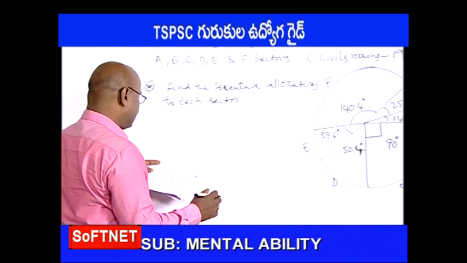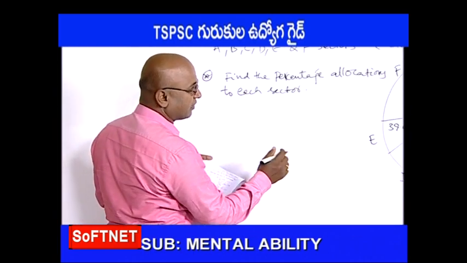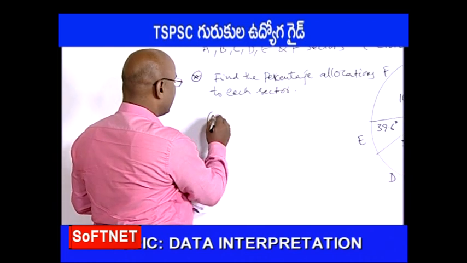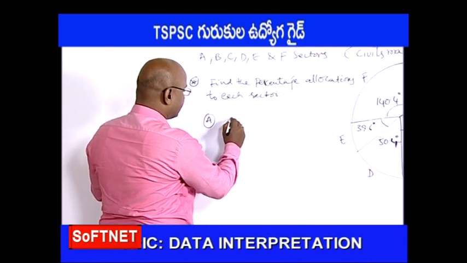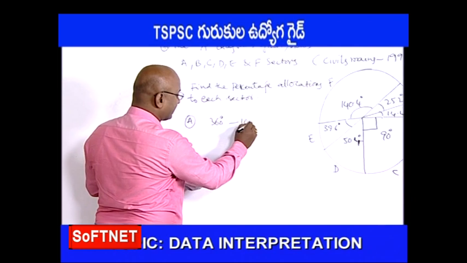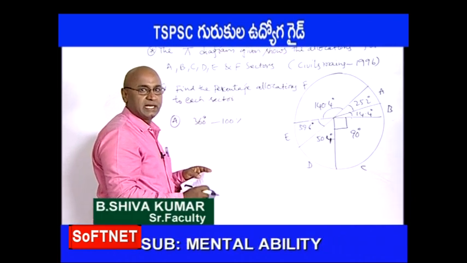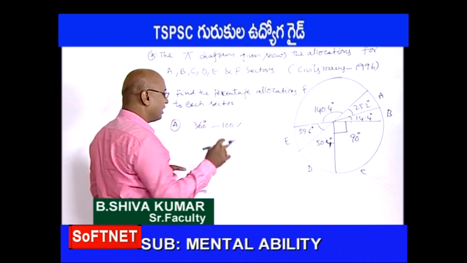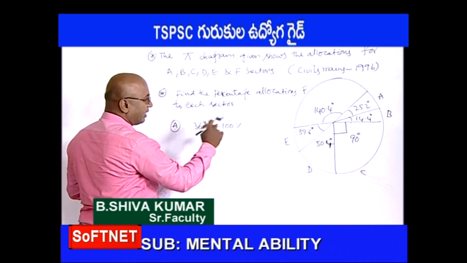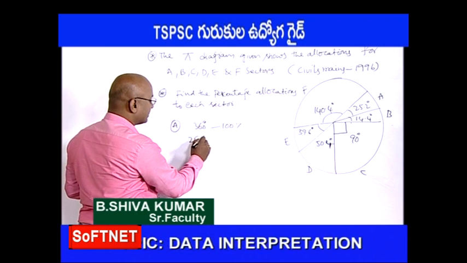Now the percentage allocation to A. We know that 360 degrees is equal to 100%. The total angle in the circle is 360 degrees, that corresponds to 100%. Now in the case of A, it is 25.2 degrees.